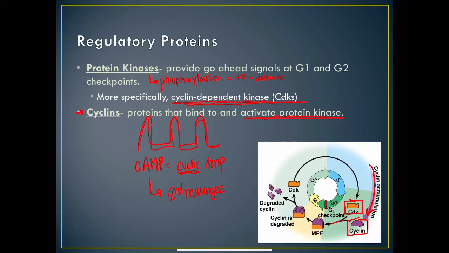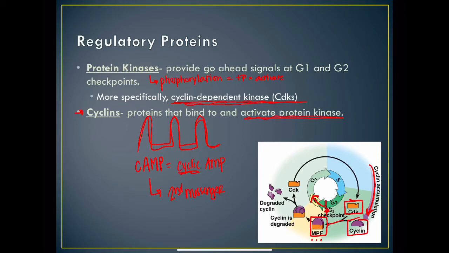And when those two come together, they create maturation promoting factor, called MPF, or sometimes it's referred to as M phase promoting factor. Once that's formed, then that meets the requirement for the G2 checkpoint, and it allows the cell to go on into M phase, which is why it's sometimes referred to as M phase promoting factor.